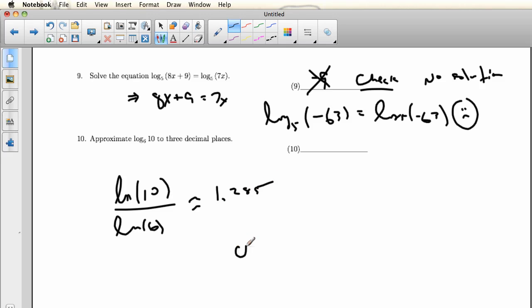And if you're not sure, you can check, because it should be the case that 6 to the, remember this is a base 6 log, so the base 6 exponential, and again I'm only rounding this to 3 decimal places, so it's not going to be exact, but if I do 6 to that power, using the truncated 1.285, I get 9.998, so the point is that it should be approximately 10.